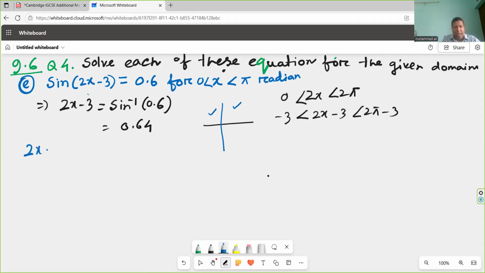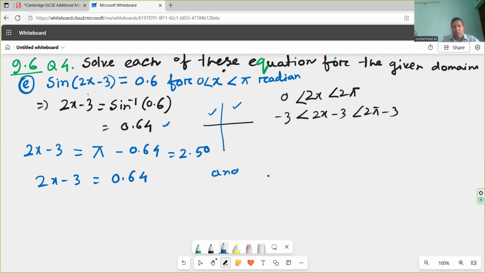So 2x − 3 gives this result in the first quadrant, and in the second quadrant we have to subtract this acute angle 0.64 from π. We will get 2.50. So finally 2x − 3 = 0.64 and 2x − 3 = 2.50.